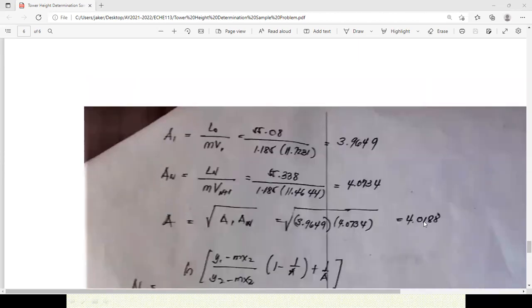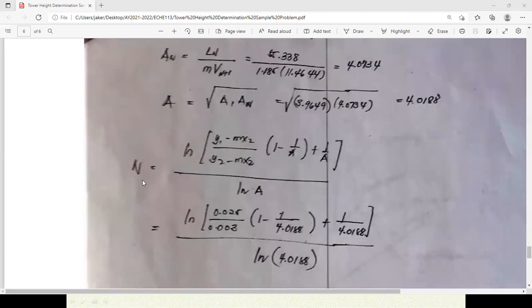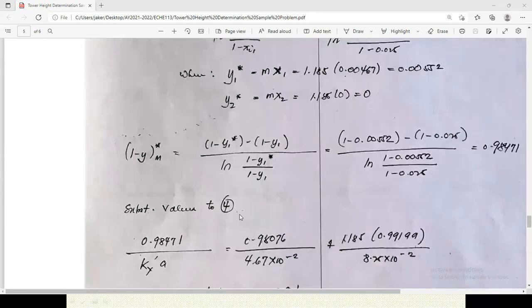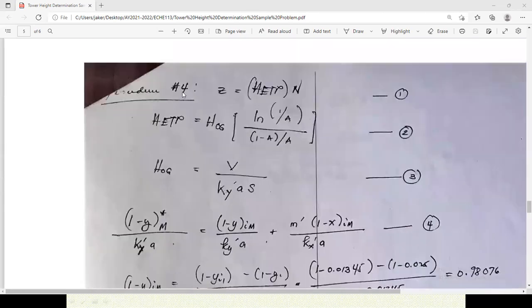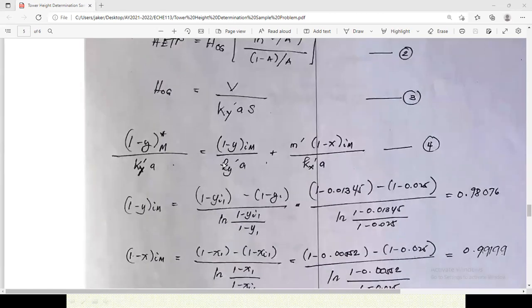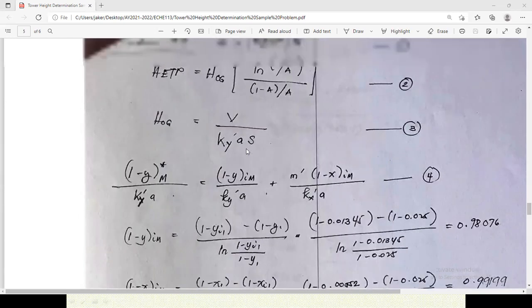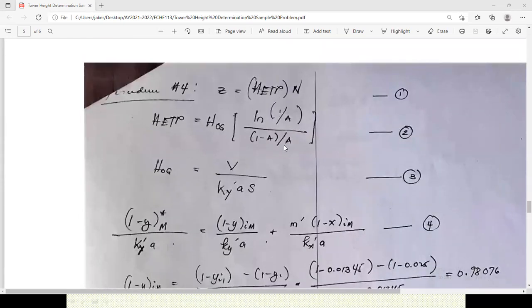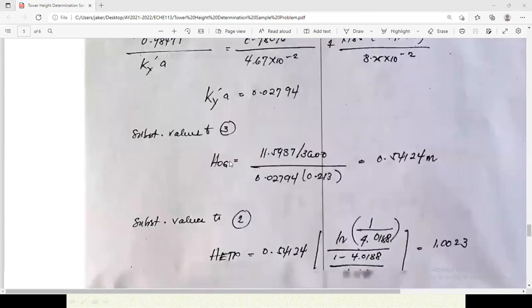the geometric mean of the two gas absorption factors. So this is the geometric mean, and this is your Kremser equation using theoretical number of stages, using procedure 4. Okay, the HOG is B over K sub Y prime A, capital K, times S, and once you have that, you need your gas absorption factor to be substituted in equation 2 to get the HETP.